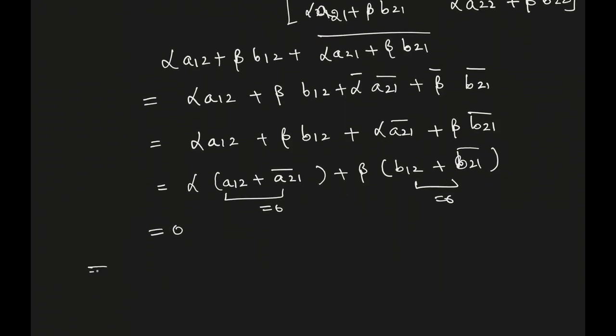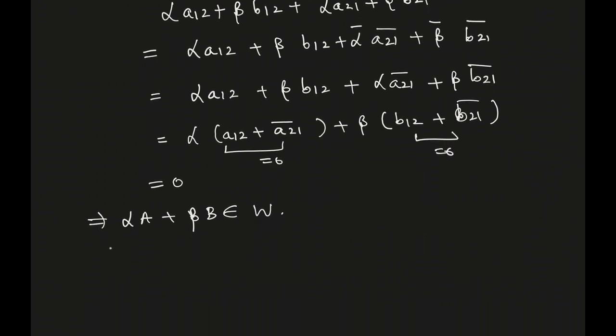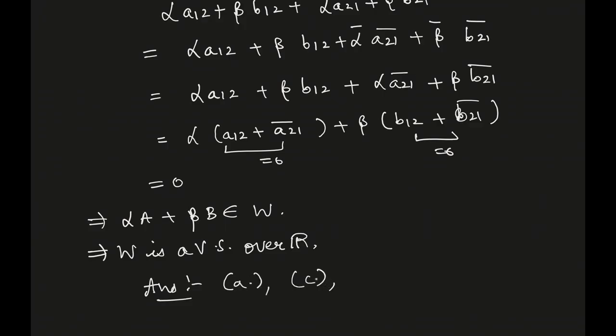So alpha A plus beta B belongs to W. So W is a subspace over R. Option D is also correct. So the answer for this question is A, C, D. Is it clear? Yes, ma'am. Okay. So the subspace topic is over till here.